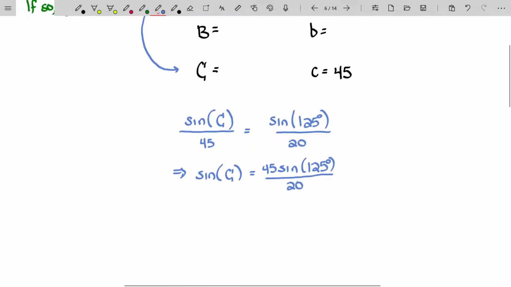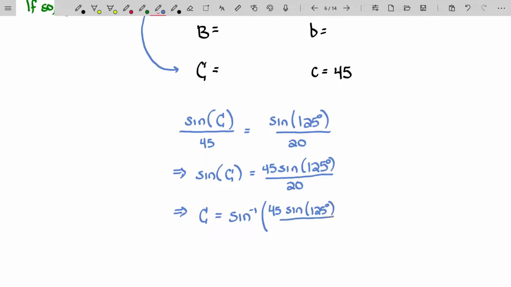And now I will go ahead and take the sine inverse of both sides so that I can find out what the acute angle C is. Remember, when you use a sine inverse, it will only return acute angles. And so in this case, we're going to find the smaller of the two possibilities, if there are two possibilities. Or we might find out that there's no triangle. So sine inverse of 45 times the sine of 125 degrees over 20 is what angle C should be.